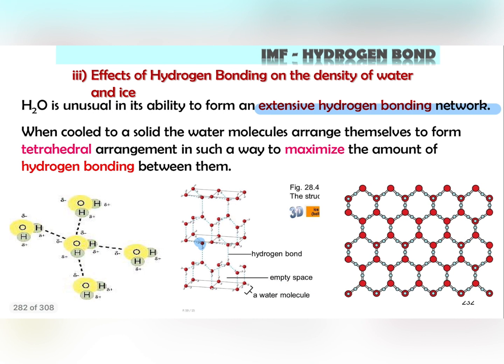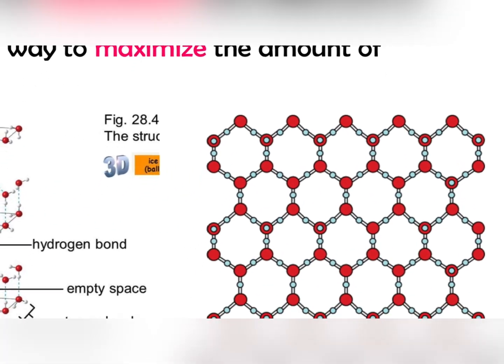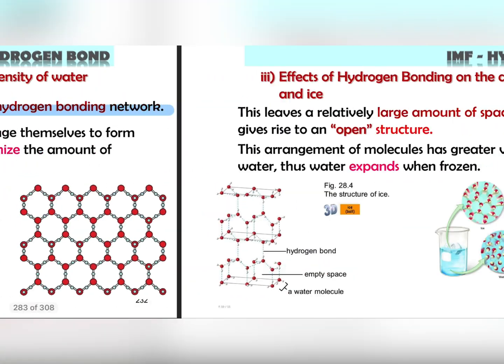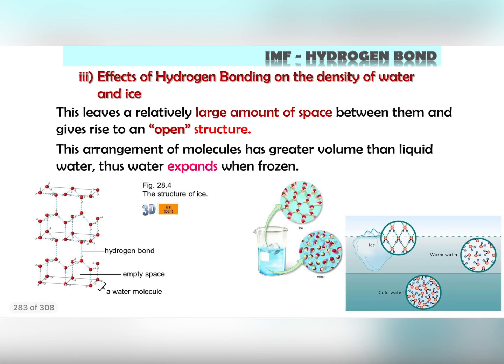So eventually dia akan jadi beginilah from the front view. So this is the empty space form, right? So okay, so bila terbentuknya this open space ataupun this empty space, ataupun kita panggil sebagai open structure. Okay, so the large amount of space between them is called as open structure.